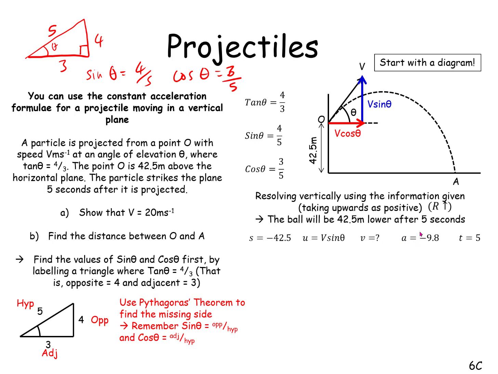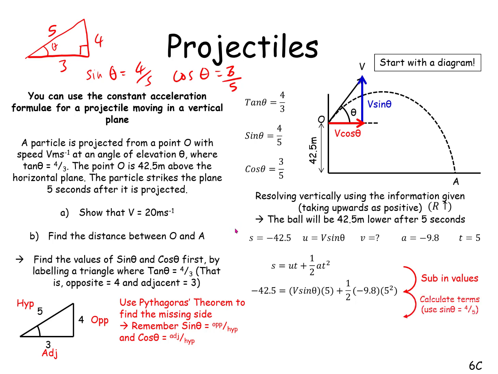a equals minus 9.8 because we're resolving upwards, and we know the time is 5 seconds from the question. It strikes the plane after it's projected. We're using this equation, sub in the values that we have, calculate terms using sine theta equals 4 over 5, so you'll get v, and that 4 over 5 times 5 will cancel out, so we'll get 4v.